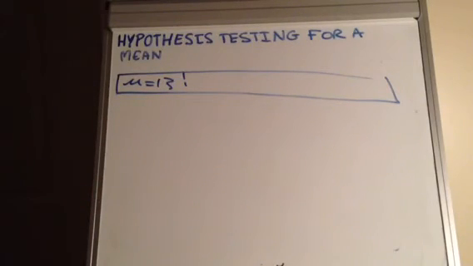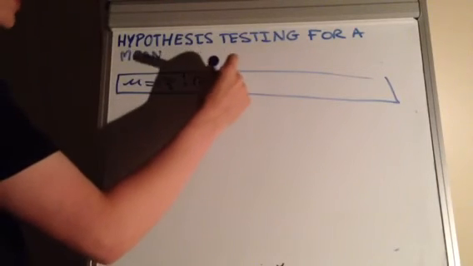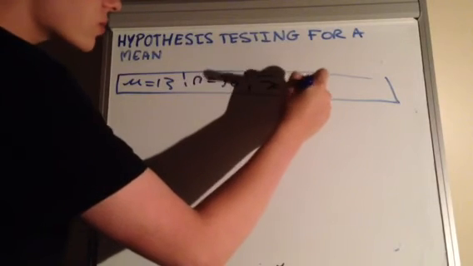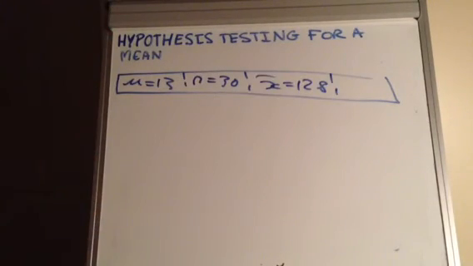A researcher wishes to test this claim and asks 30 men, so we have a sample size, to supply data on how many shaves they got from one Quick Shave blade. The researcher found that the mean of the sample was 12.8. So x bar equals 12.8.